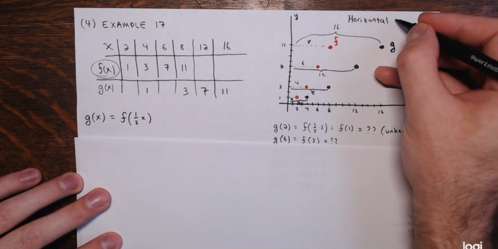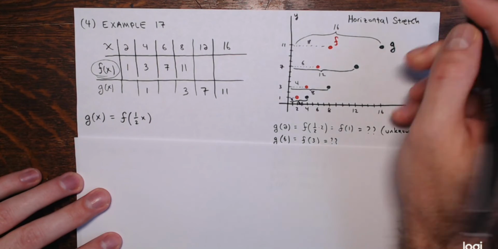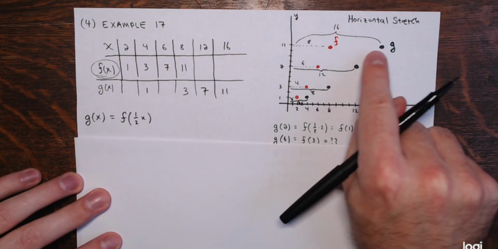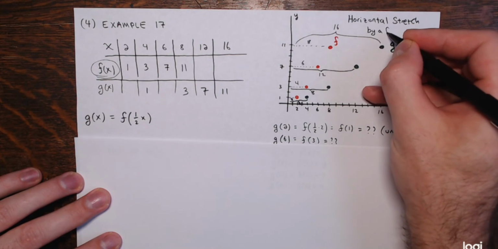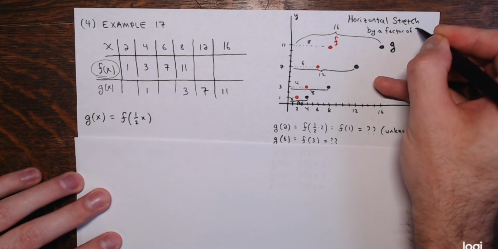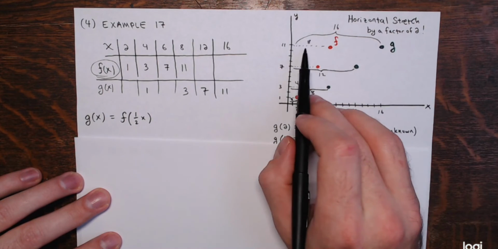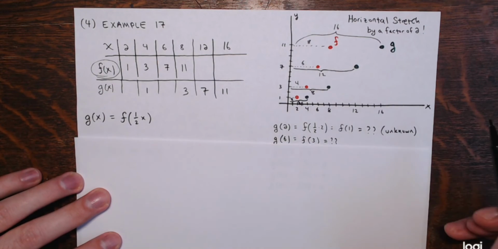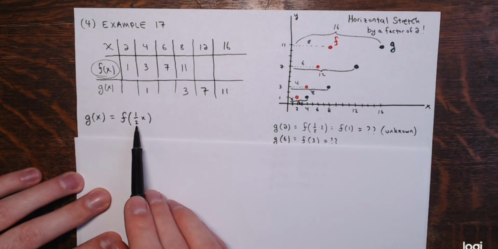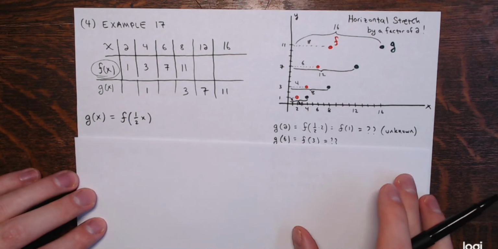They would call this a horizontal stretch because the points from f to g are going away from the y-axis, and it's by a factor of 2, because the distances got doubled: 8 to 16, 6 to 12, 4 to 8, 2 to 4. So yeah, there's a half here, which is going to be a bit confusing. You might think, oh, it's a horizontal compression by a half. No, it's a stretch by 2, by the reciprocal. You've got to be careful with that.